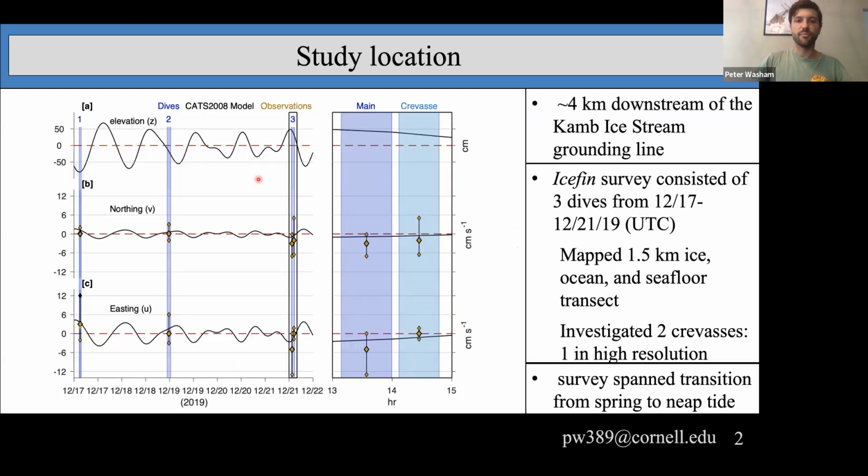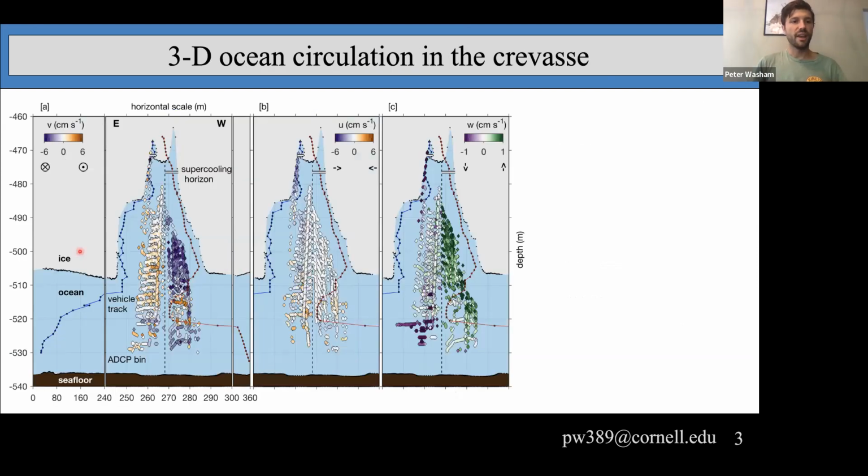Just before I go any further, the first dive here was when we swam into that other crevasse. Now I'm showing the 3D ocean circulation in the crevasse. This is data collected with IceFin's downward-pointing ADCP, so we were collecting ocean current speeds.